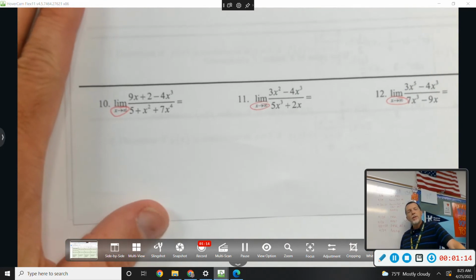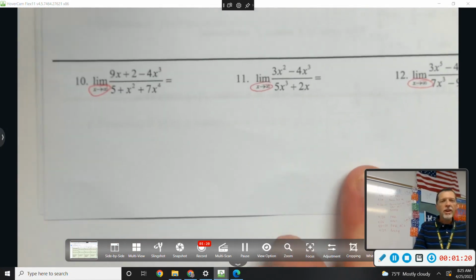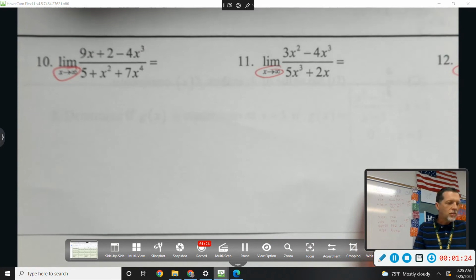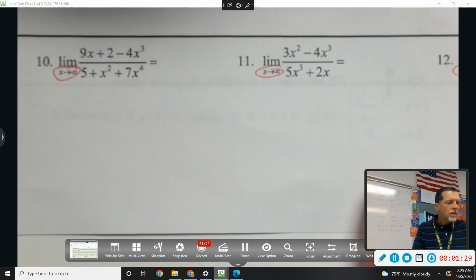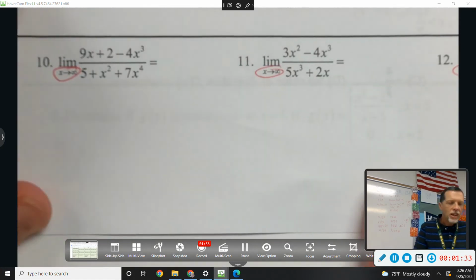Alright, I'm going to do it my preferred way first, and then I'll do that shortcut way that I showed you as well. So my preferred way, maybe not your preferred way, is when x gets really, really big, the term that matters most is the term that has the highest degree.